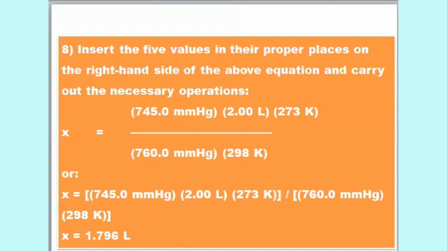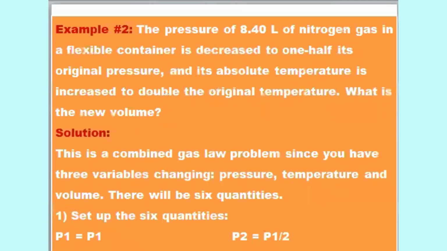The second example, example number 2: the pressure of 8.40 liter of nitrogen gas in a flexible container is decreased to 1/2 its original pressure, and its absolute temperature is increased to double the original temperature. What is the new volume?